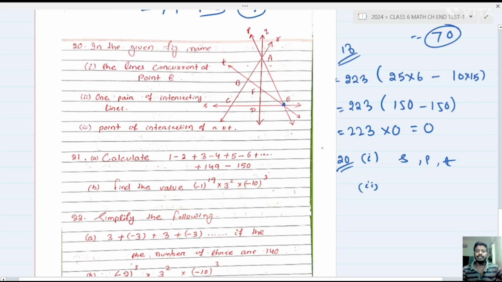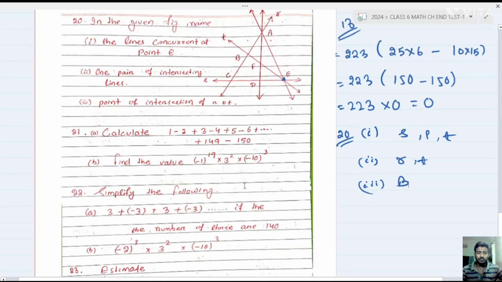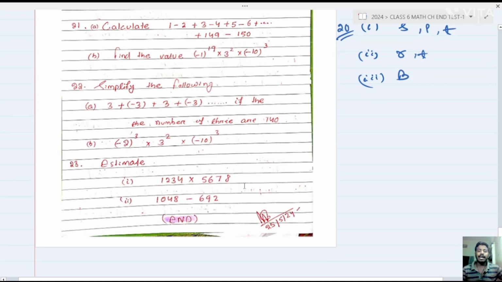One pair of the intersecting lines. One pair of the intersecting lines R and T. So point of intersection of R and T is B. So option number 3 is B point. Now next question, question number 21.